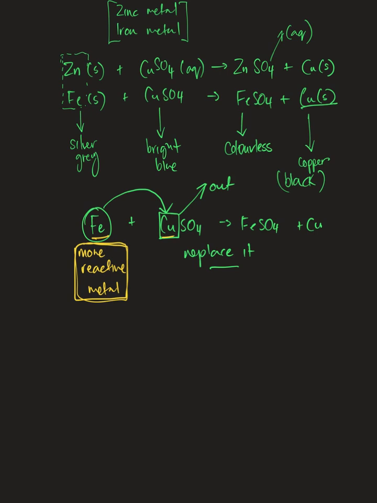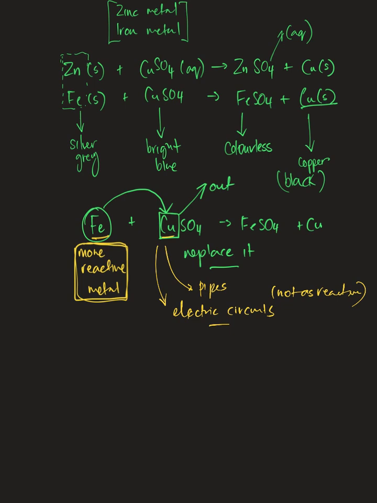So the reason why we use copper for pipes, and we use copper also for electric circuits, it's beneficial to us because copper is not as reactive. And because it's not as reactive, it doesn't react very easily with other things that are around it.